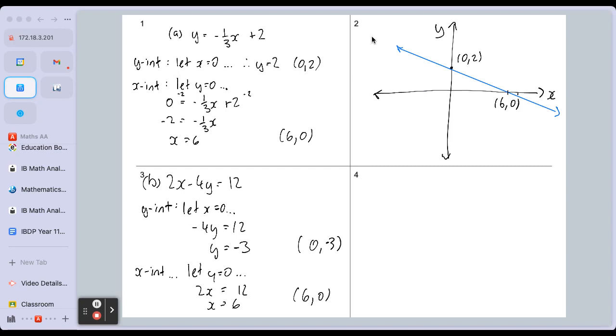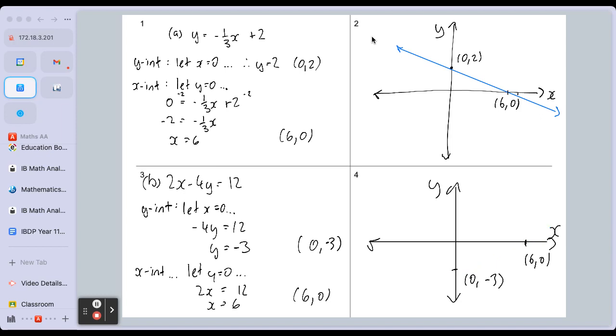Okay, and then I'll just do the other one really quickly. So I'll make them nice straight lines, at least for the axes. Arrows, x and y, and I'm going to have 0, negative 3 for the y coordinate, so that'll be down here somewhere. 0, negative 3, and 6, 0 will be here somewhere, and then a straight line through.